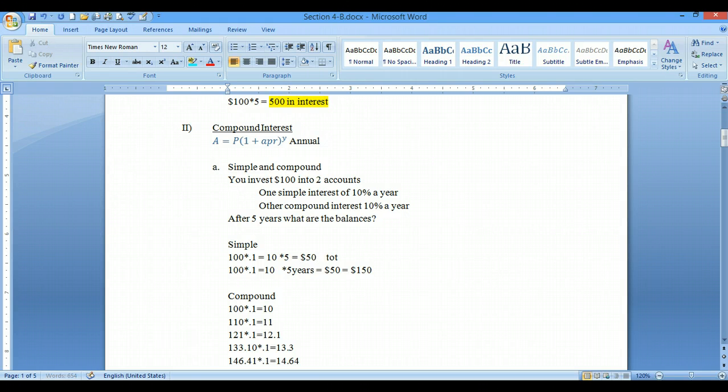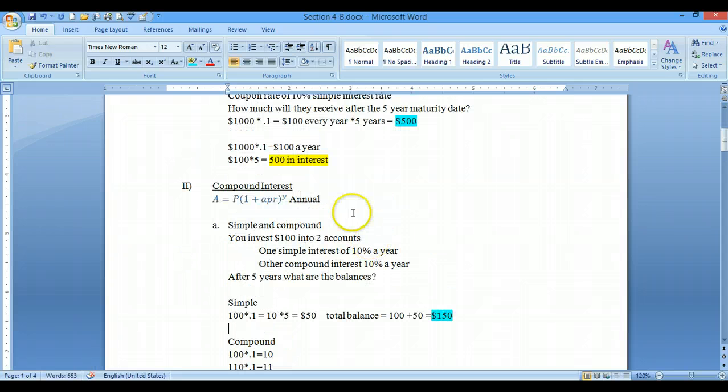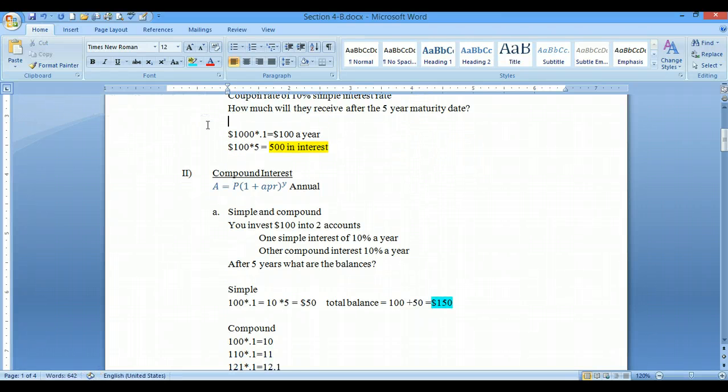So my total balance equals my original $100 plus the $50 in interest, which gives me $150 at the end of 5 years. And I'm going to go ahead and highlight that. And I'm going to get rid of this so that my pages all still line up at the end.